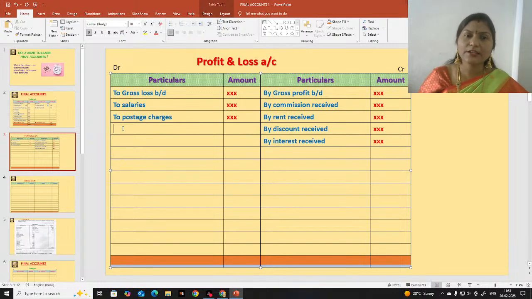There are so many items, but these are regular items that you should know compulsorily whenever you prepare the profit and loss account, so that you can identify the items easily. Next item, to printing and stationery.